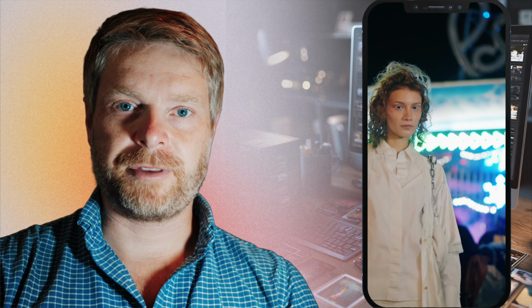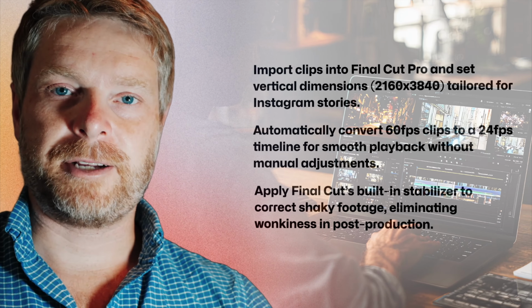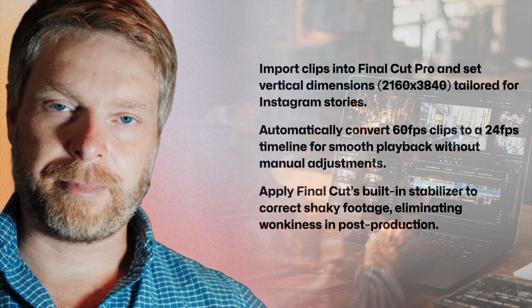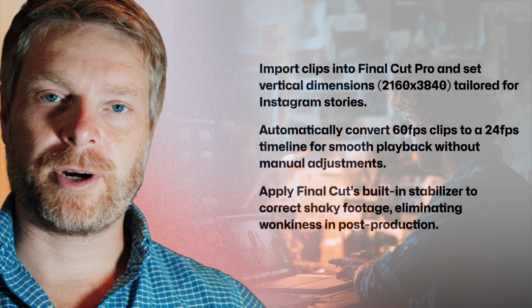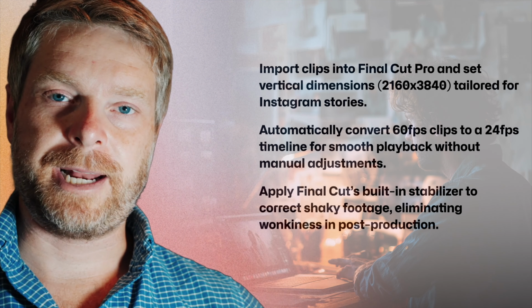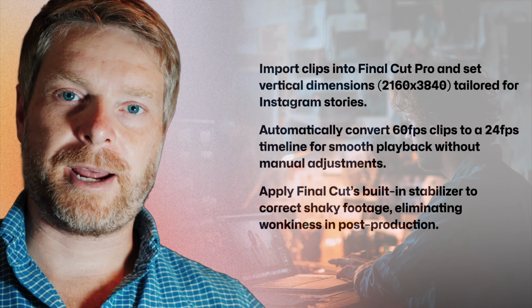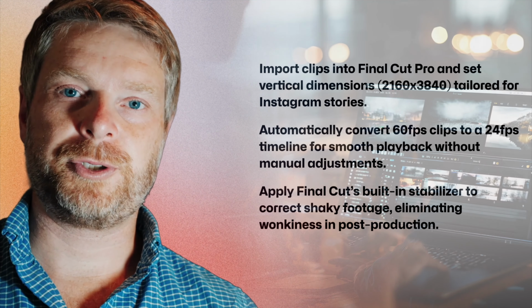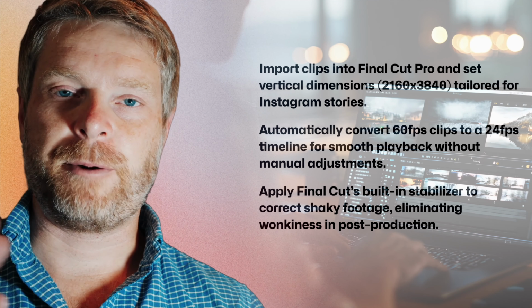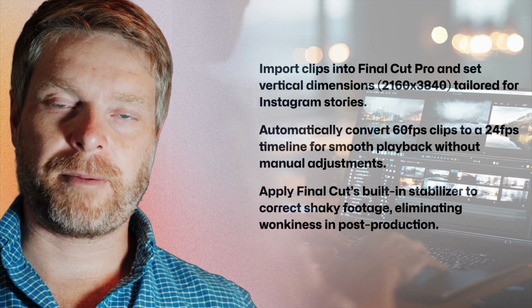Once I have that video, so that's the image in terms of the flat image, I will then get those clips and add them to my Final Cut Pro timeline. And I'll set it up as vertical story dimensions. So that's the opposite of 4K. So it's 2180 by 3460, and that way when I add the image and the videos to the timeline, they will naturally go into that format.